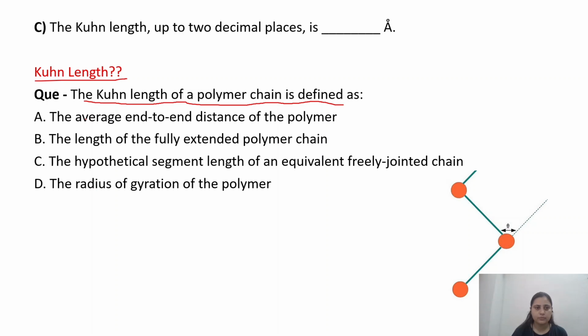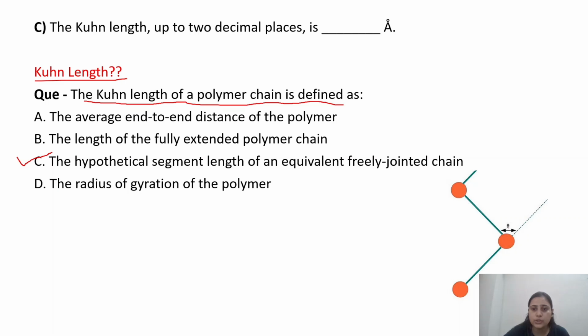Yes, so let's discuss what Kuhn length actually is. Here option C is correct: the Kuhn length is the hypothetical segment length of an equivalent freely jointed chain.